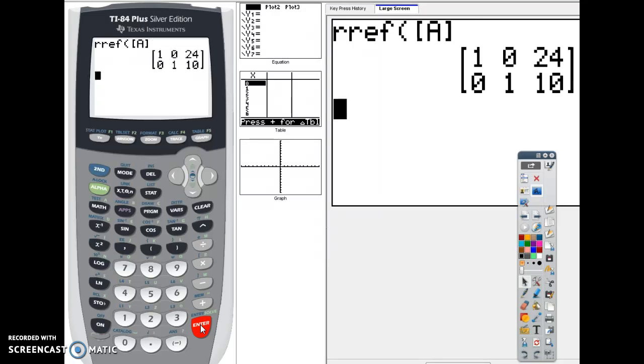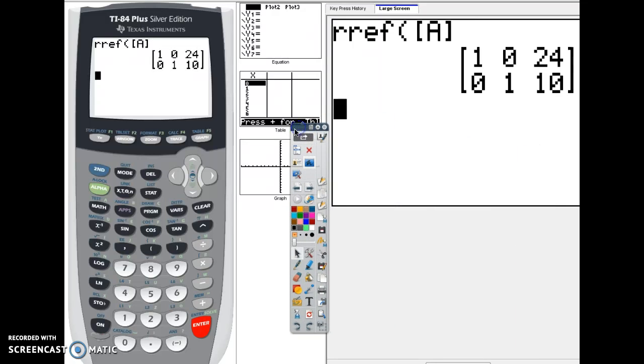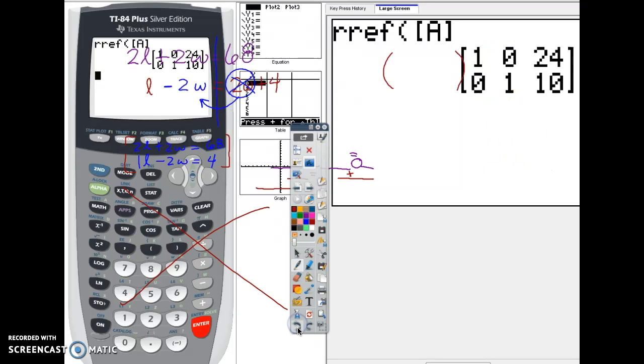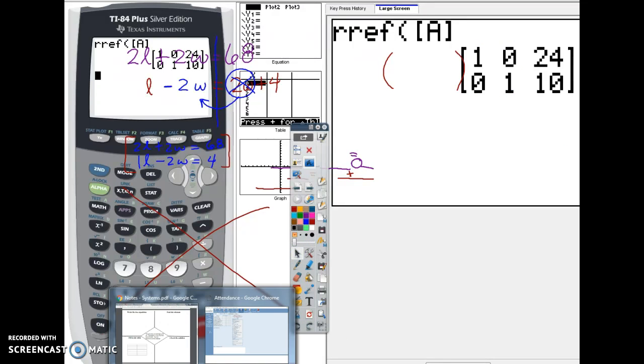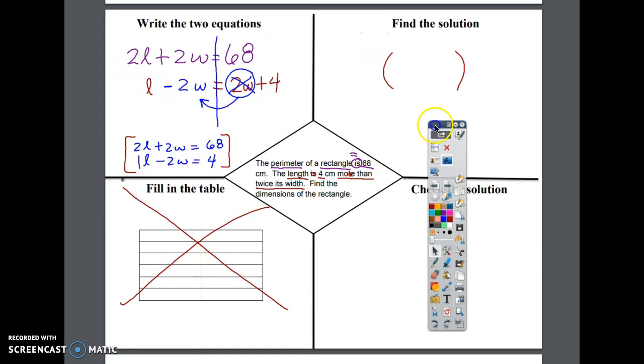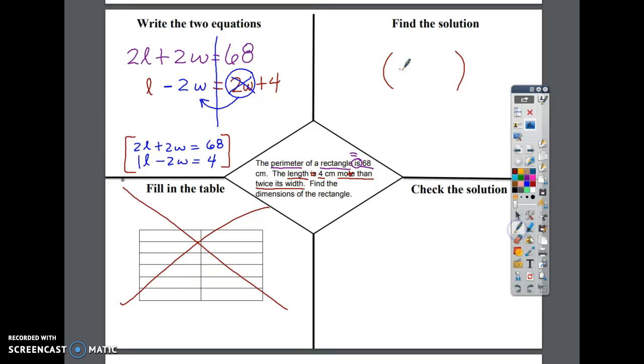Okay, so that gives you one solution, right? This means one solution, and the solution is 24, 10. So go ahead and write that down on your paper. So I have 24, 10.